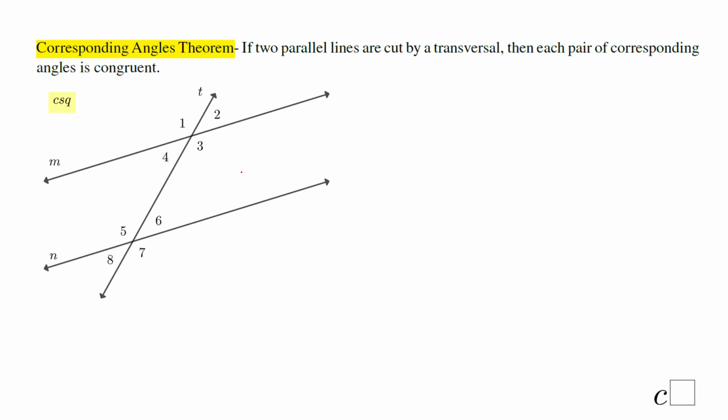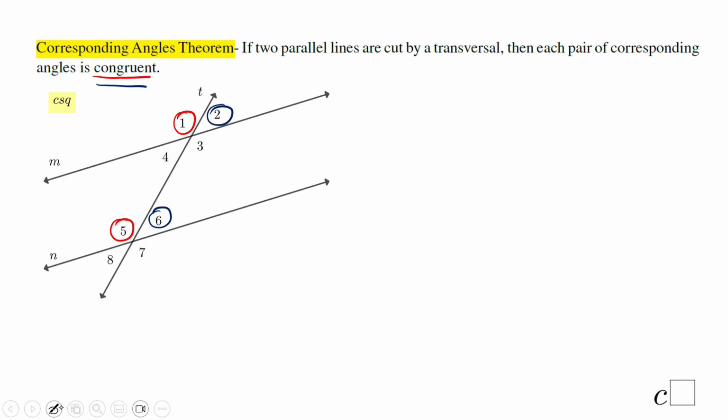And the last set, if you remember, we had is corresponding angles. And these are what? 1 and 5. Both obtuse, so that means they are congruent. Do we have another set? Yeah, 2 and 6. Both acute. They are congruent again.